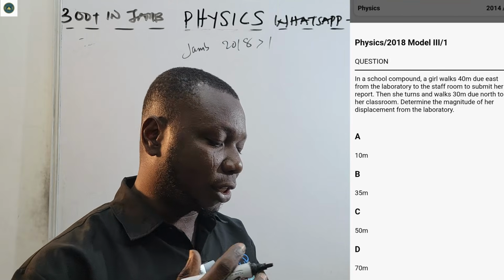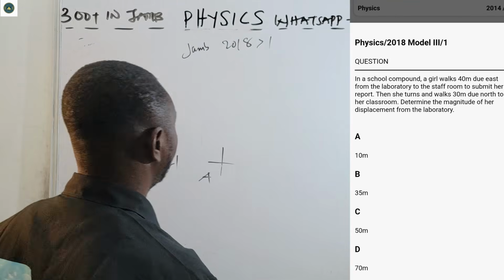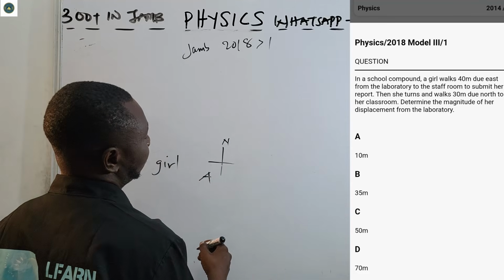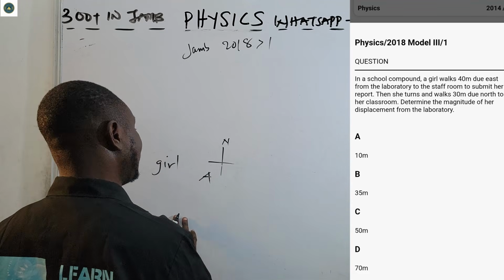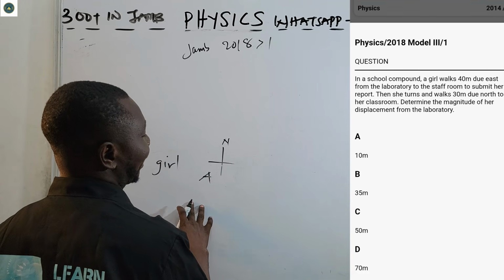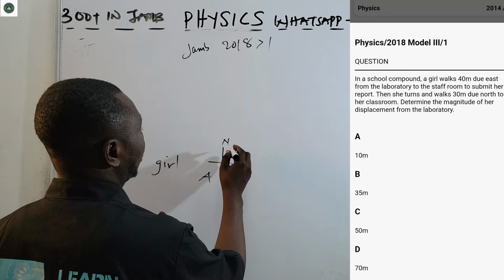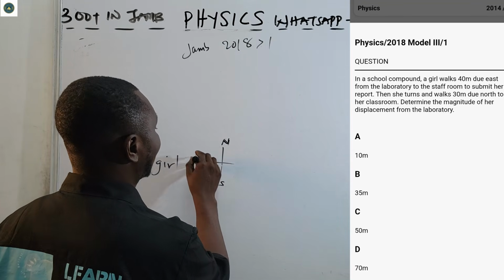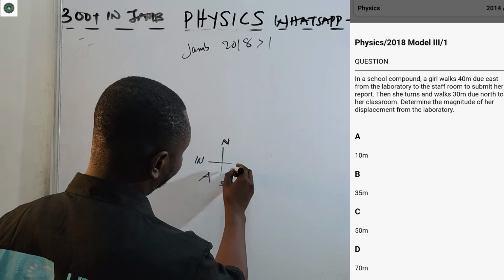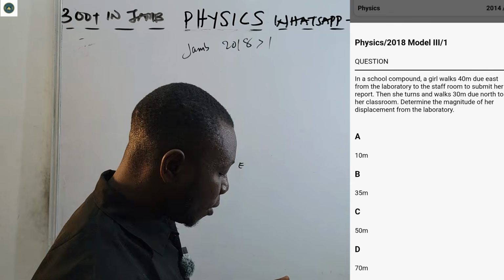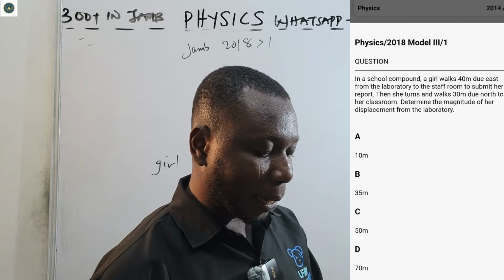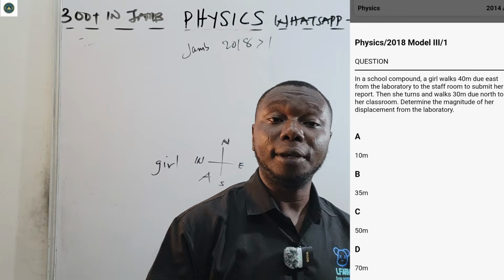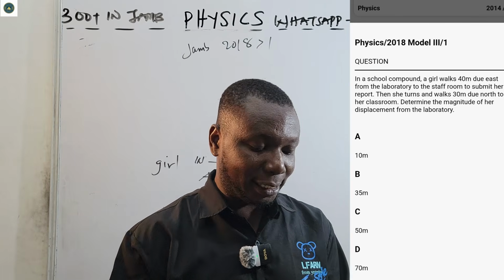So your reference point, before the girl starts the movement, let's assume the body is at rest or static. So for the reference point, you have the north, south, and the west, and this is east. We need to understand that in a school compound, a girl walks 40 meters due east.